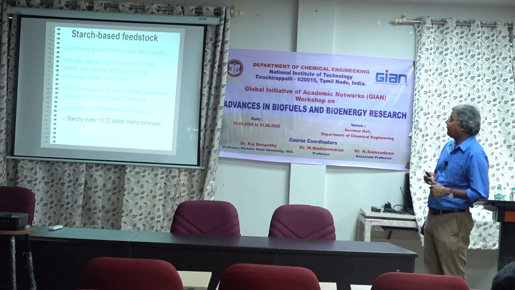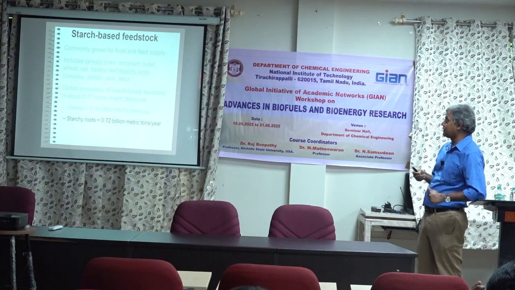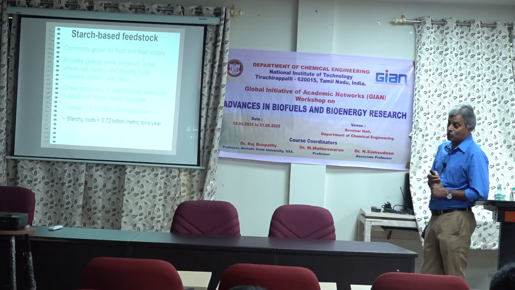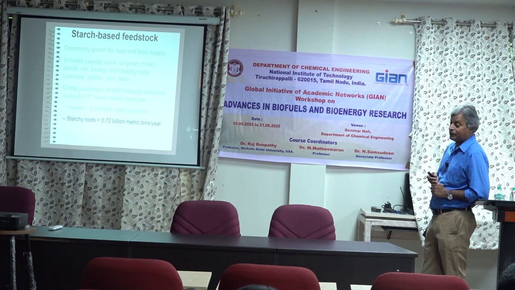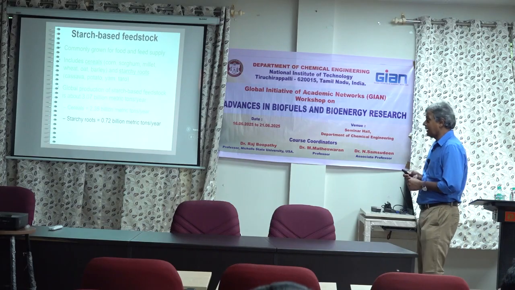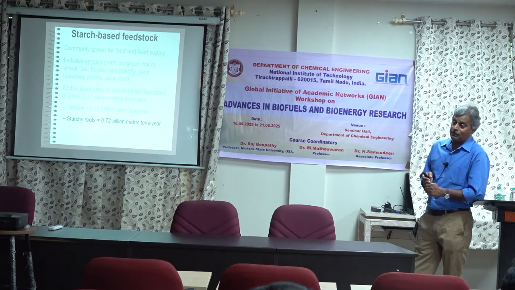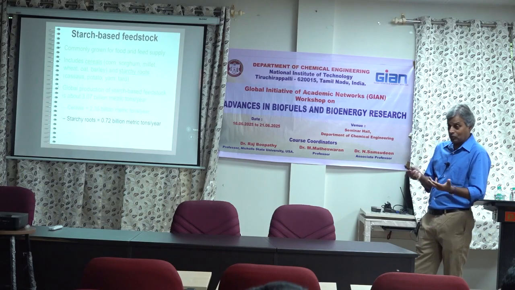Okay? The global production of starch-based feedstock is about 3.07 billion metric tons per year. A lot of starch-based products are produced. Cereal is 2.35 billion metric tons. Okay, the starchy roots are 0.72 billion metric tons per year.